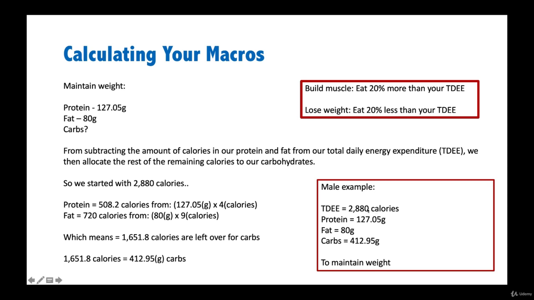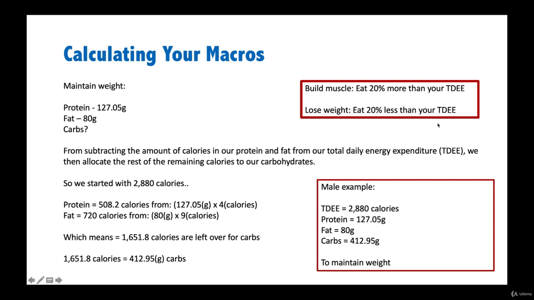So on top of 2,880, I'd need to eat an additional 576 calories to put on weight, and that would come to about 3,456 calories. So that's in order to gain weight.